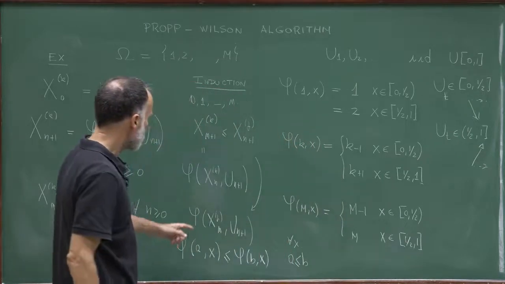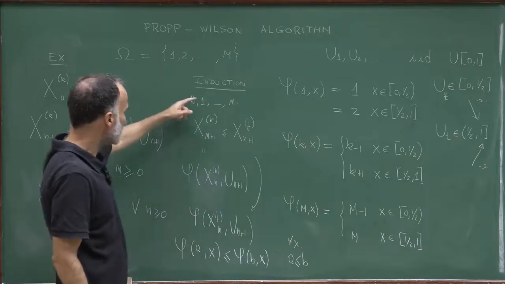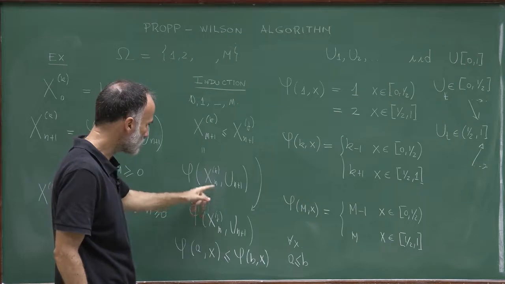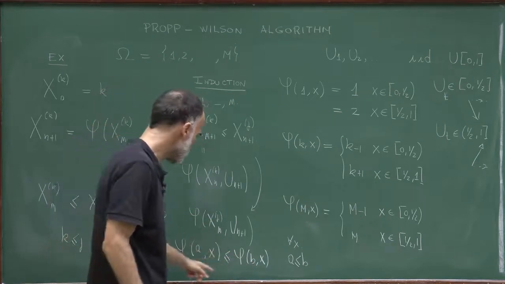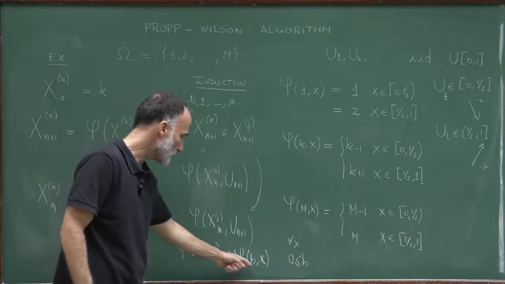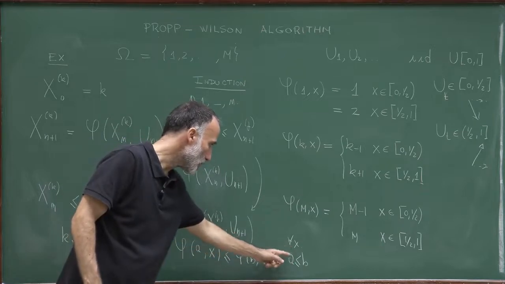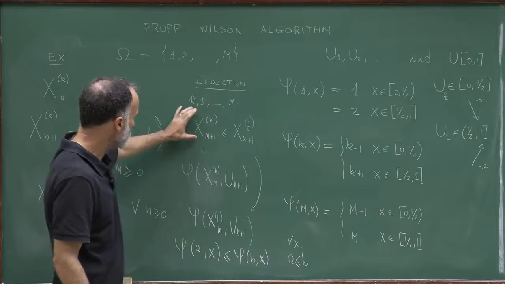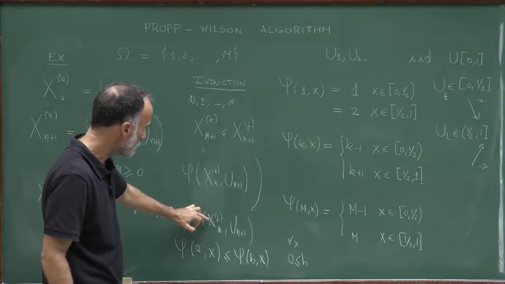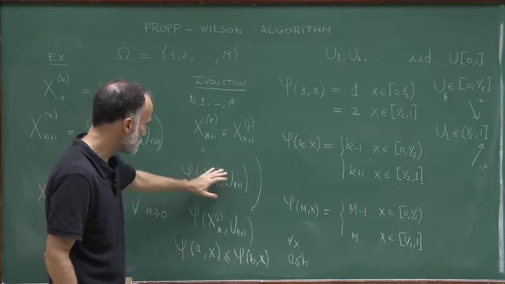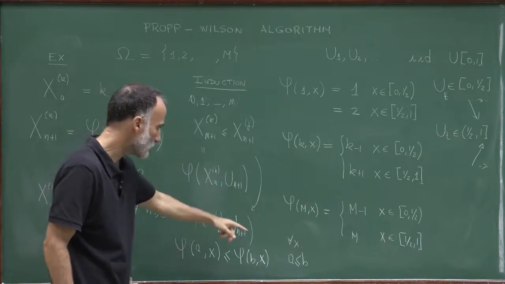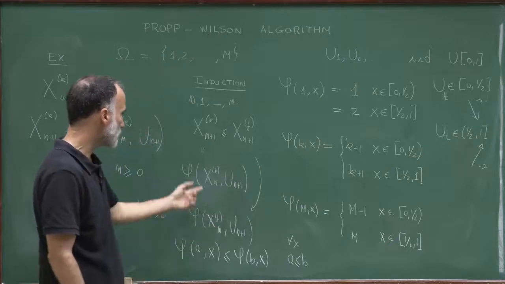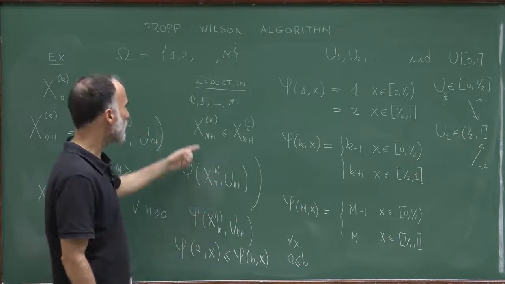Because by the induction assumption, I'm assuming that x^k_n is less or equal than x^j_n. So now, if it's true that phi(a, x) is bounded by phi(b, x) for all x when a is less or equal than b, I will get that, since this one is bounded by that one by induction, then phi of this one will be bounded by phi of that one, because this holds for all x, and here I have the same u updating the two chains, I'll get that inequality.